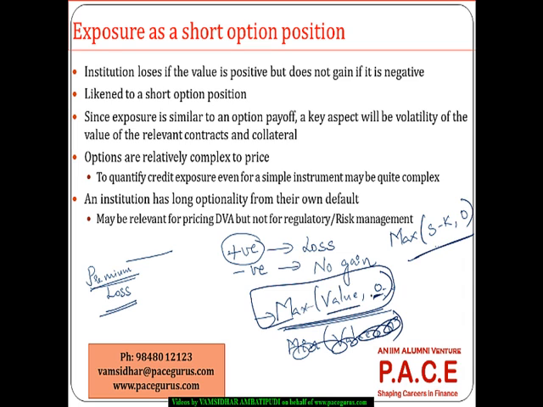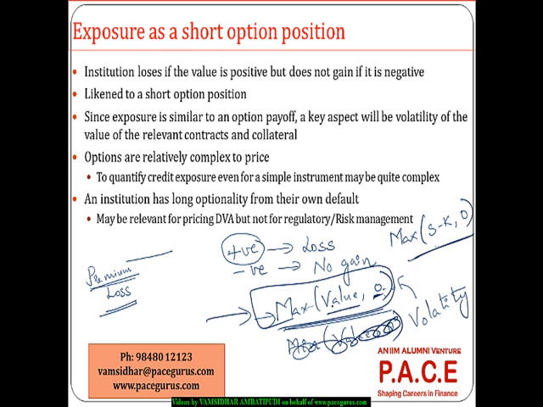Maximum of value comma 0, maximum of stock price minus strike price comma 0. So what are the key factors that are driving the option? One of the key factors that drive option pricing is the volatility of the underlying. So here also I will talk about the volatility of the underlying.